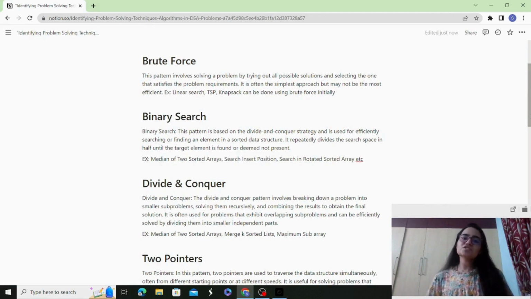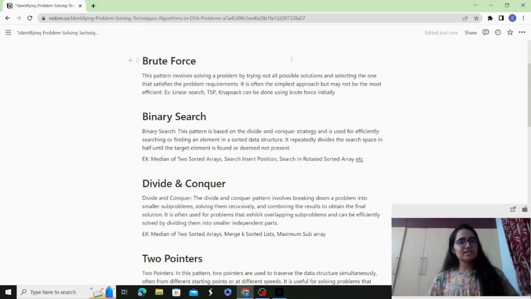So when you have thought of not an optimal approach but a naive approach, which takes a high time and space complexity, but the solution does work, then that is called a brute force approach, and that is one of the approaches you could use for solving coding problems.